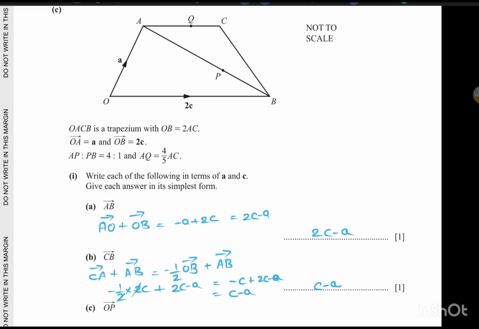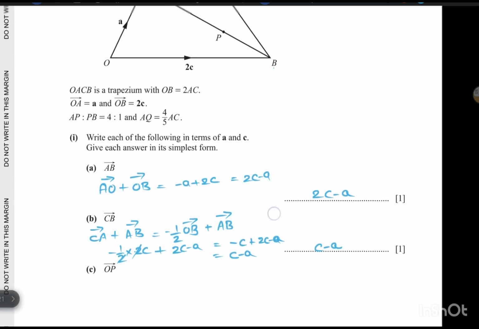What is BP? Because AP and PB are in the ratio 4:1, BP will be 1 out of 5 parts, so it is 1/5 of the inverse of AB. AB is from A to B, and BP is from B to P, so it will be the negative of AB.